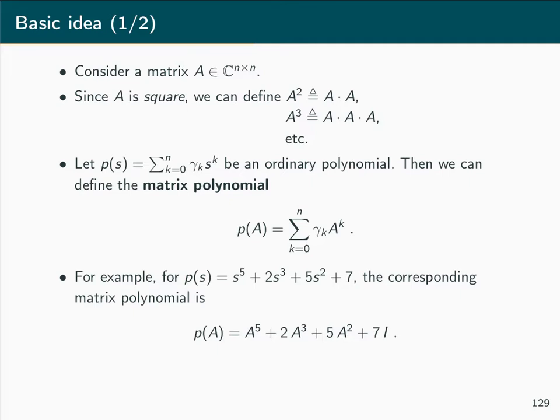So for example, take the scalar polynomial P of s to be equal to s to the 5 plus 2s to the 3 plus 5s squared plus 7. Then the corresponding matrix polynomial is simply P of A, which is equal to A to the 5, which is defined as A times A times A times A times A, plus 2 times A cubed, where A cubed is defined as A times A times A, plus 5 times A squared, where A squared is A times A, plus 7 times the identity matrix.